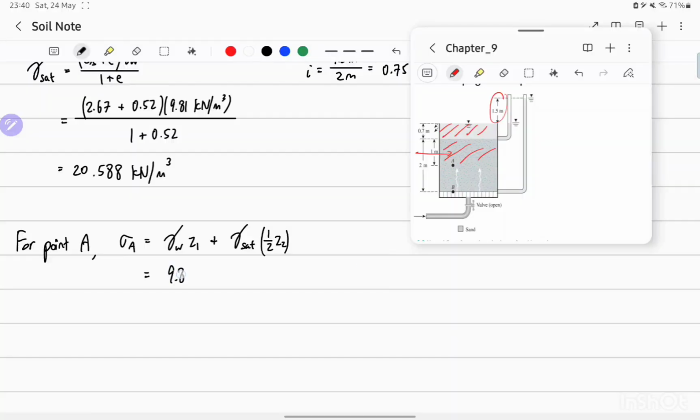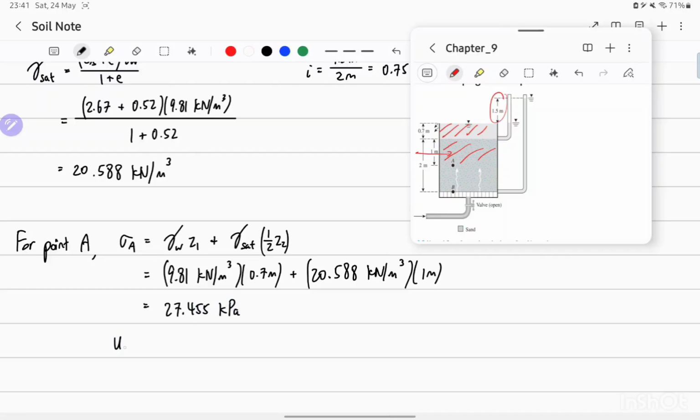So unit weight of water 9.81 times 0.7 meter plus saturated unit weight times 1, which is 27.455 kilopascal.